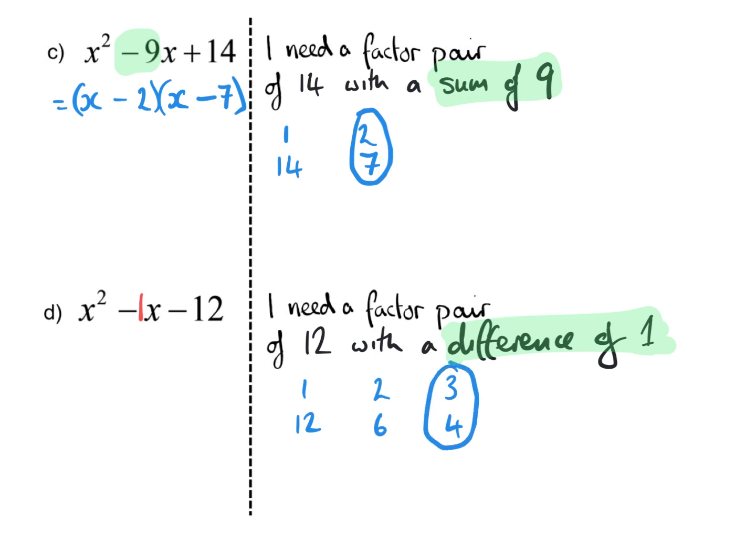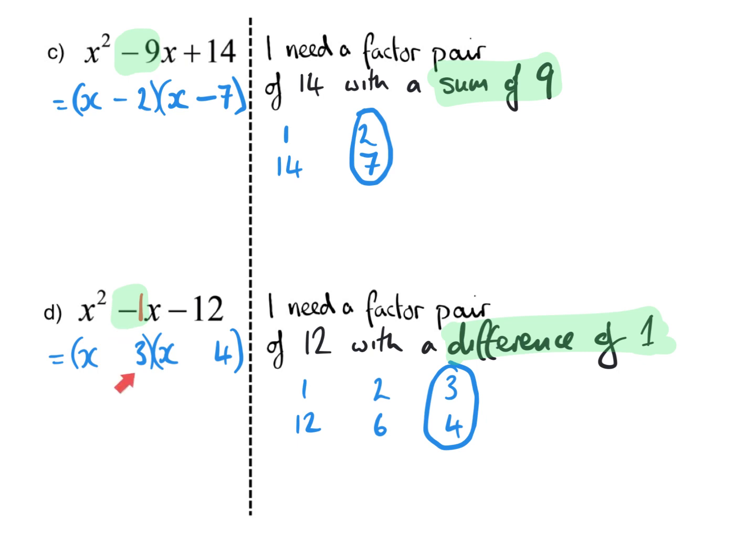And again, once I've got that 3 and 4, it's quite straightforward to start putting the brackets together. So it's x and x for my x squared, 3 and 4, which will be what makes my 12 at the end. And then my target is to make this negative 1 here. Now if I want to make that negative 1 using the numbers 3 and 4, then how would I go about doing that? So the first thing I would do is say, well, it's negative.